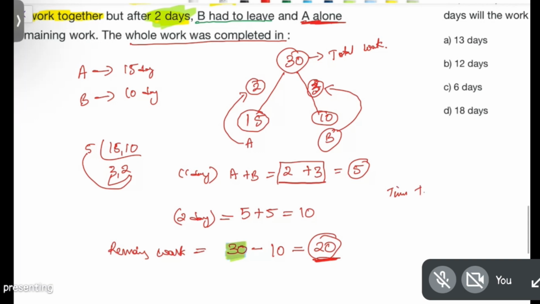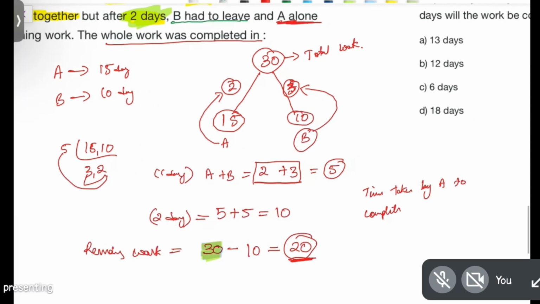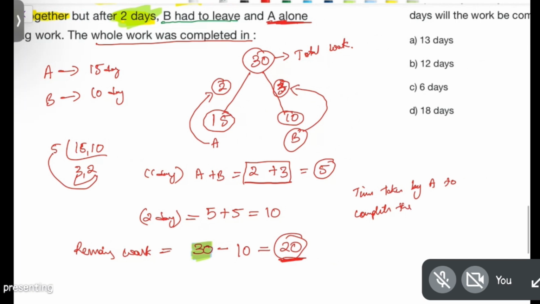Time taken by A to complete the remaining work is equal to 20 pieces of work divided by how many pieces A is doing in a day. A is doing 2 pieces of work in a day, so divided by 2. 2 tens are 20, which is 10 days.